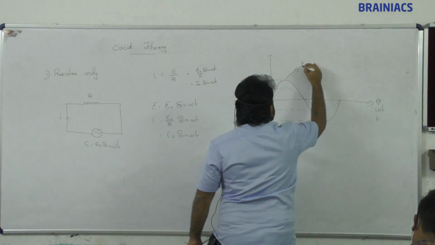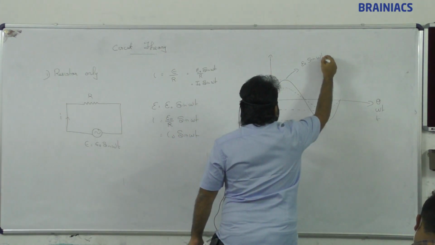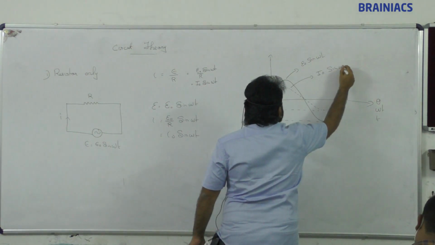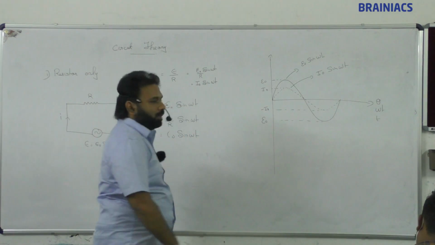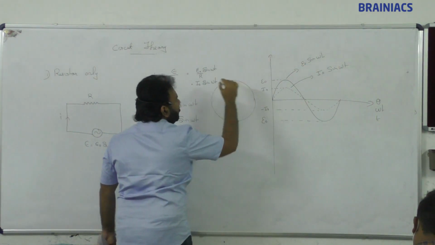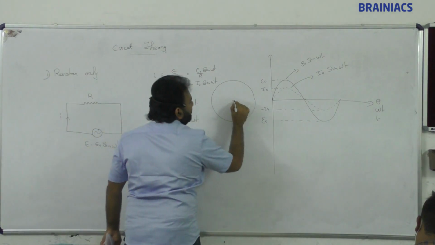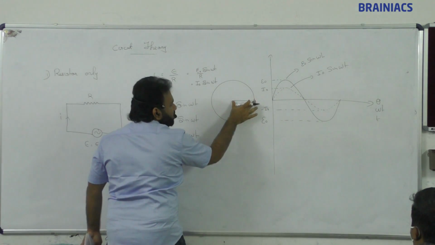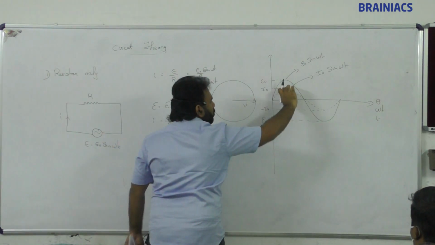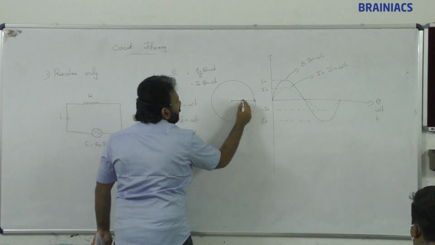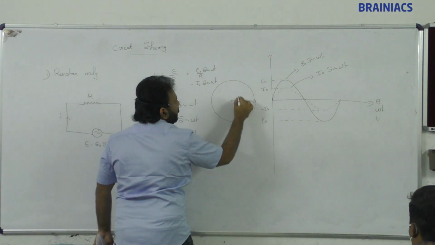This is E naught sine omega t, and this dotted line is nothing but I naught sine omega t. Clear? If we draw a phasor, if this length is V naught, this smaller length we can consider as I naught.